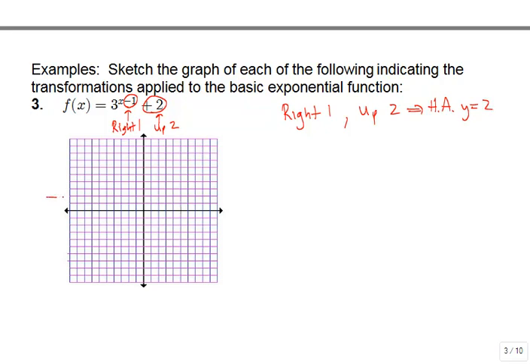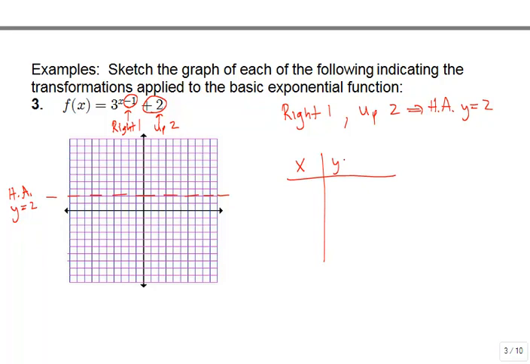And I like to show that by putting in that dashed horizontal line right away, because again, it reinforces the fact that I should not be graphing below that line. Okay? It helps keep me in the right place when I'm graphing my exponential function. Now, to get the actual graph here, what you're going to want to do is make a table of values.